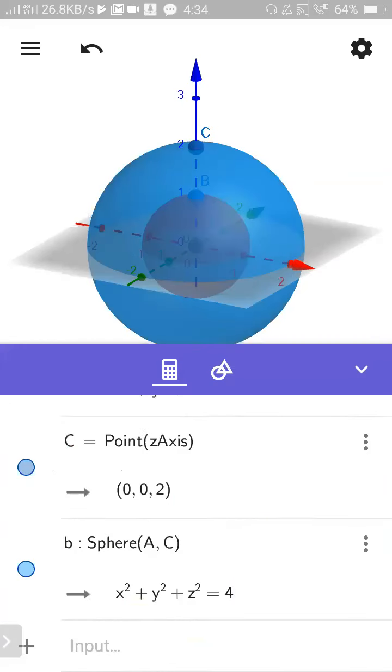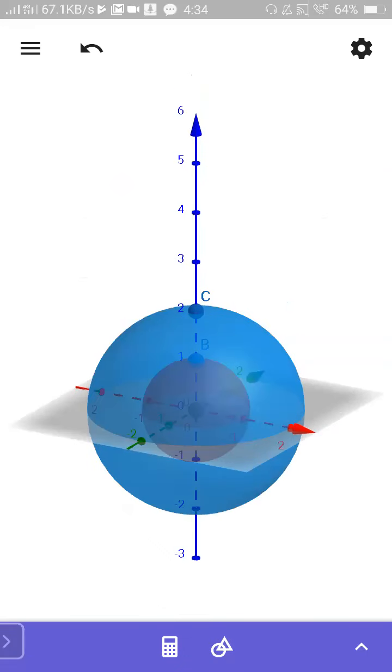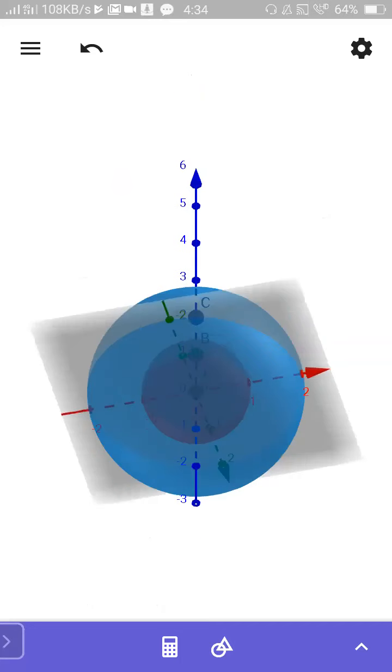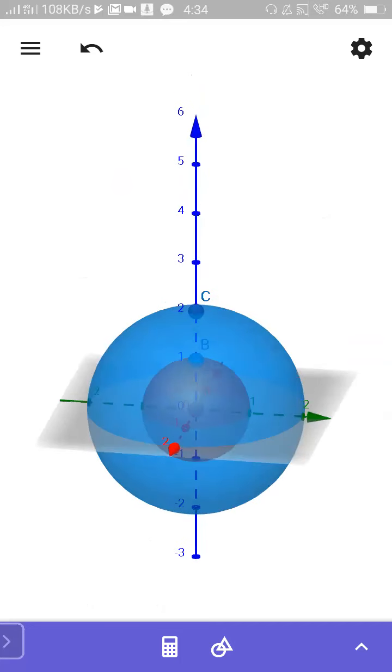Inside, the radius is r equal to 1. The outside sphere has radius r equal to 2. Completely, these two spheres' surfaces are parallel to each other.